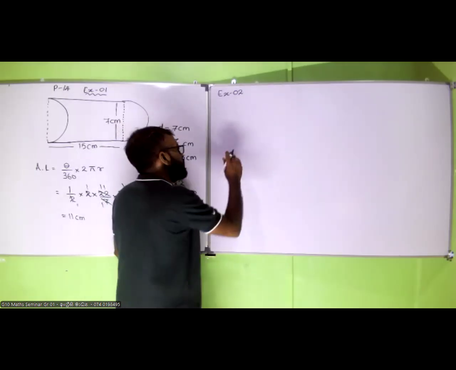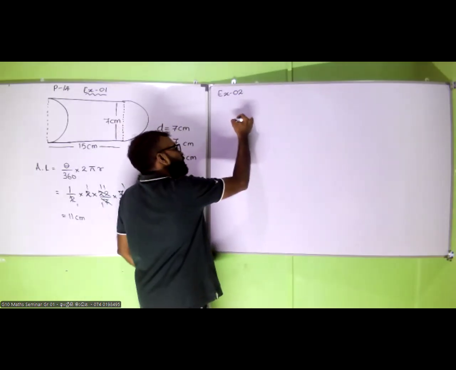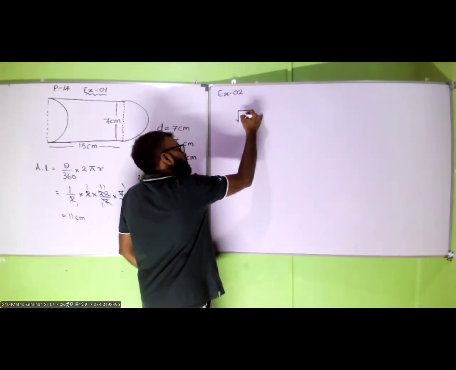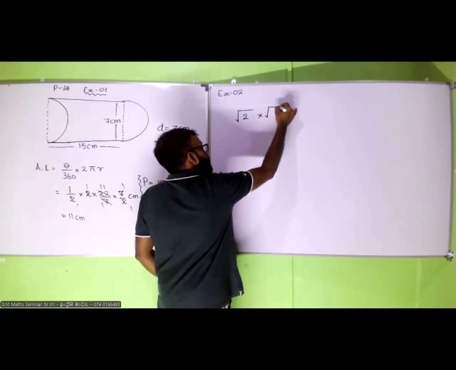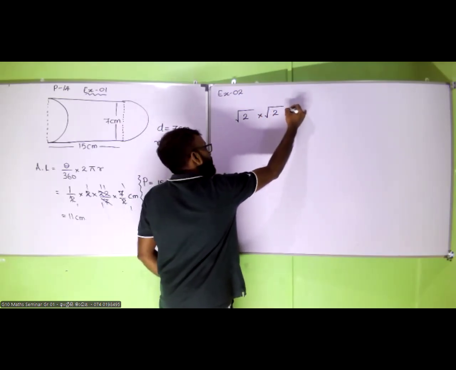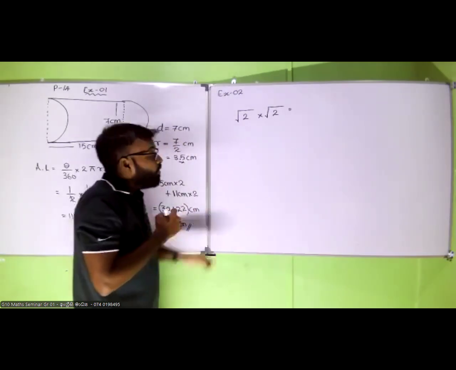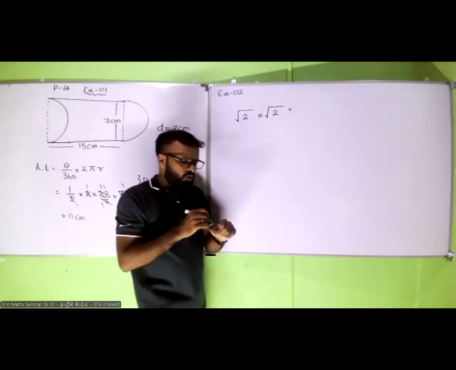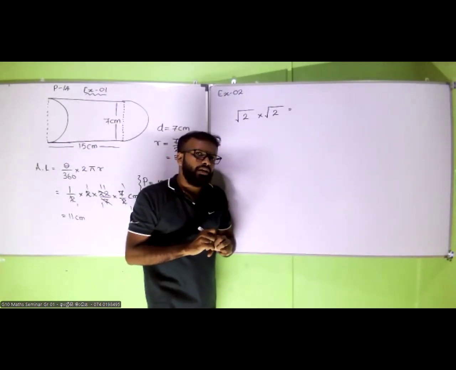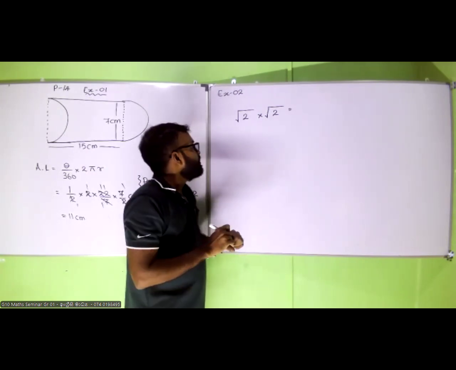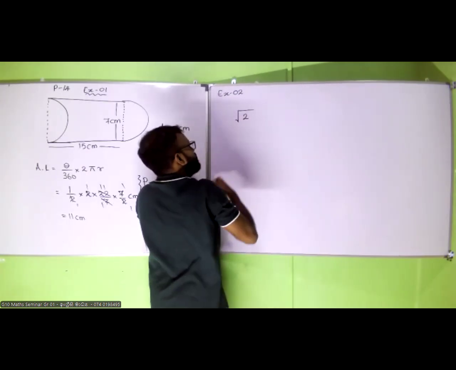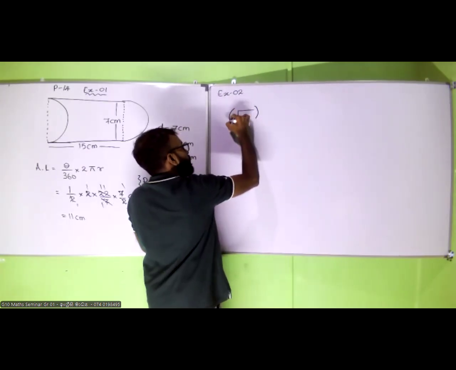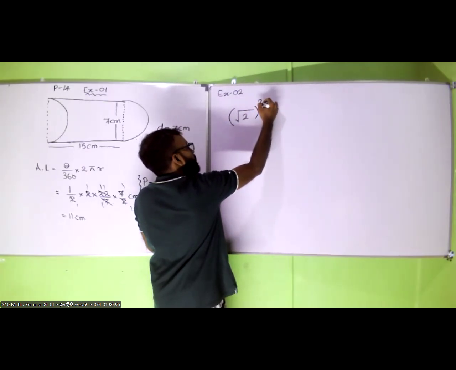If you have something like square root 2 multiplied by square root 2, before that I will write it as square root 2 to the power 2.